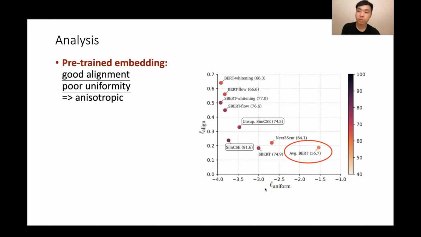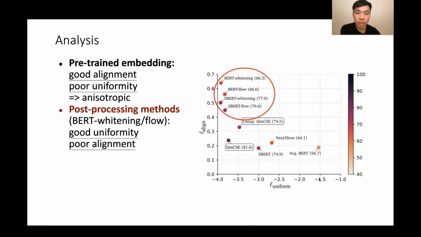uniformity. So you can see if you directly take the average of the BERT embeddings, you get a very good alignment. But your uniformity will be very bad because of the anisotropic problem of BERT. And if you do some post-processing for BERT embeddings, you can get a much better uniformity because now your representation space is a Gaussian distribution.